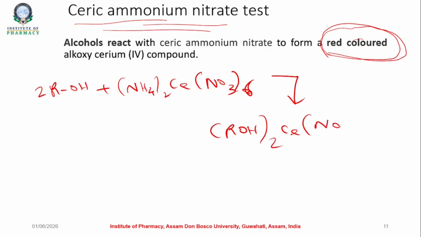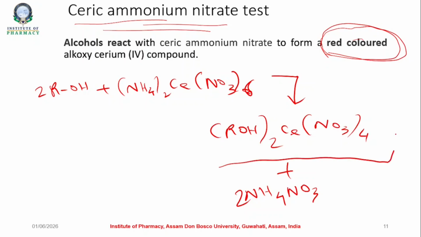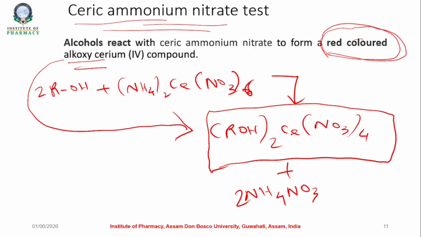So we have cerium here. This particular complex is responsible for giving the red colored precipitate. So this is the alkoxy cerium compound. When alcohol reacts with ceric ammonium nitrate, it leads to the formation of an alkoxy cerium compound indicated here.